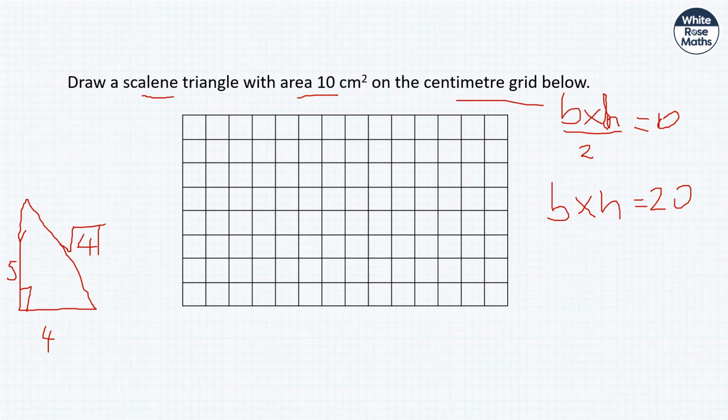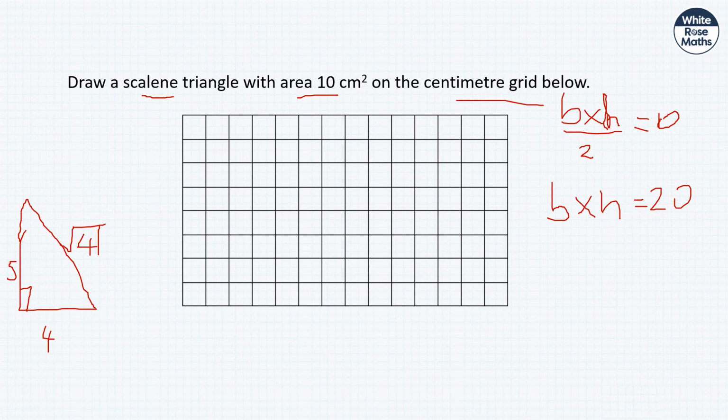Because a right angled triangle by definition has a right angle. It does not mean that the side lengths are equal. In fact, using Pythagoras, you have 4 squared plus 5 squared square rooted, which would be 16 plus 25, which is 41. The square root of 41 is definitely not equal to 4, not equal to 5, because the square root of 36 is 6, so the square root of 41 is 6 point something.